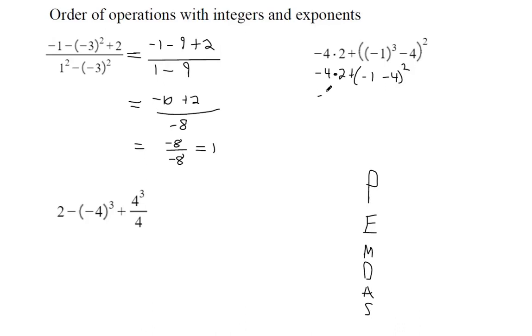We can still simplify inside the parentheses. So you owe $1. If you take away $4, now you owe $5. So now we're done with parentheses. Now we can do exponents. So it's -5 times -5. That makes +25.